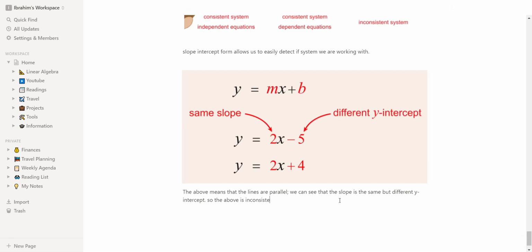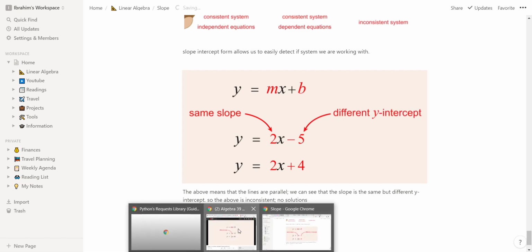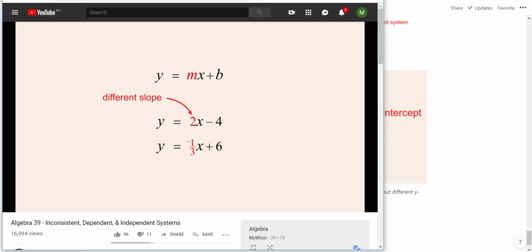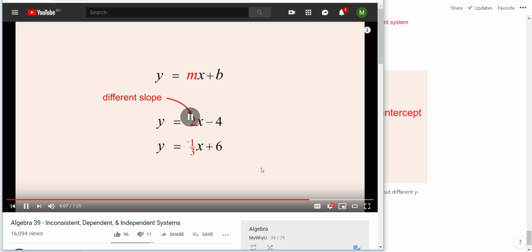On the other hand, if the equations have different values for m, then the slope is different for each equation. Regardless of the value of b, the lines cannot be parallel and must intersect somewhere at a single point.